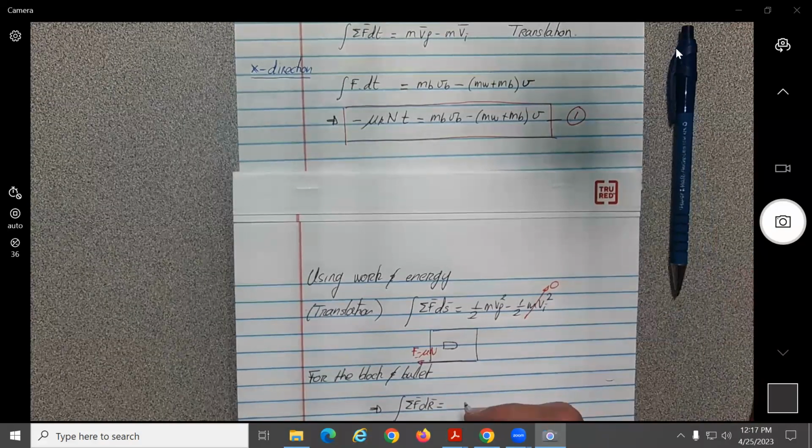And then we have here 1/2 bullet plus wood. This one I call V square.